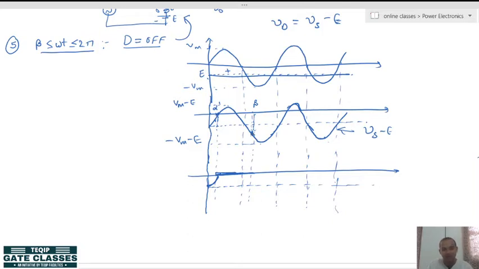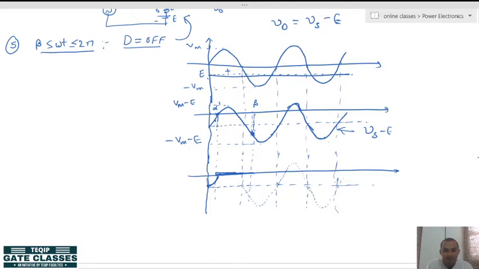So the combined net voltage across it at instant beta is this. If you draw some dotted value, let's say we are drawing a dotted sine wave here.